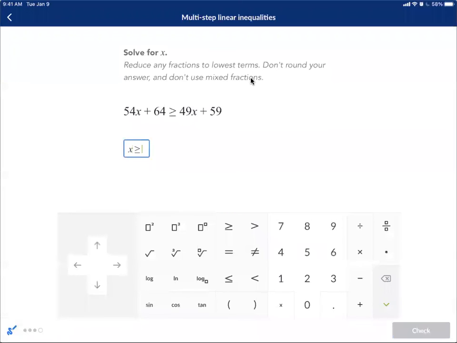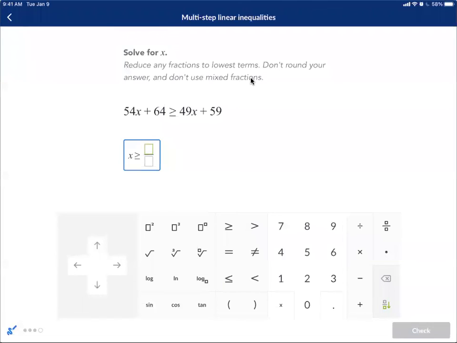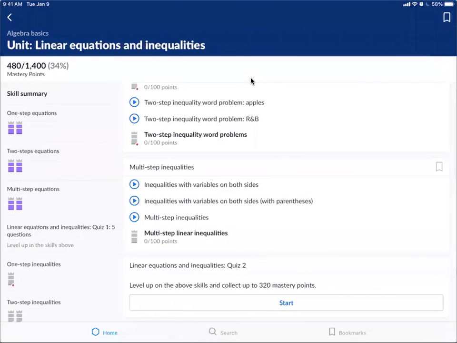It's still going to be x equals that, and that's going to be a -1, right? Yeah. So that's basically that one. I'm going to try to do it again one more time, the two-step inequality word problem, and then continue with the quiz. So let's stop.